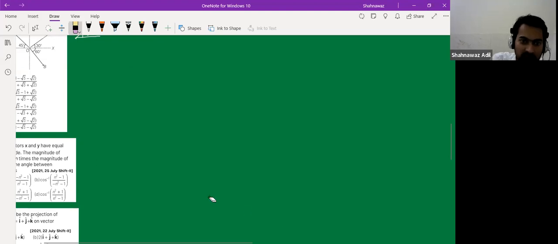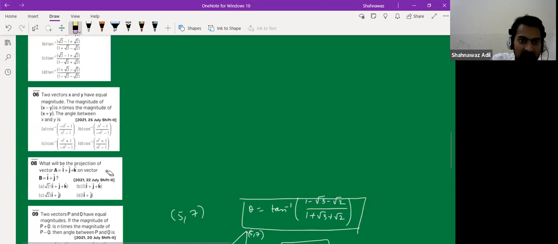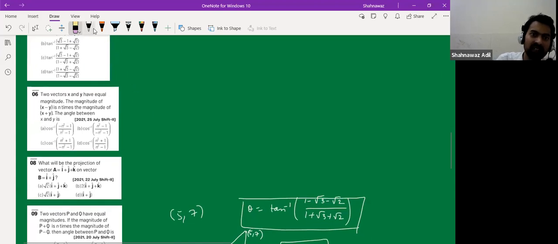Okay, so the next question. Two vectors x and y have equal magnitude, right? The magnitude of x minus y is n times the magnitude of x plus y. So the angle between x and y is, okay. Again, you have two vectors x and y, and they have equal magnitude.